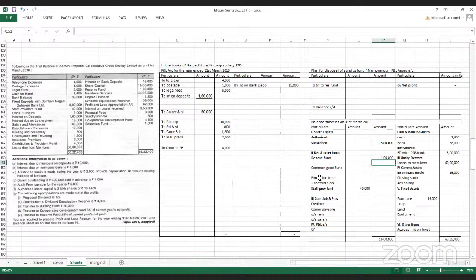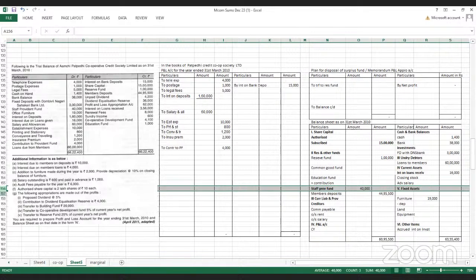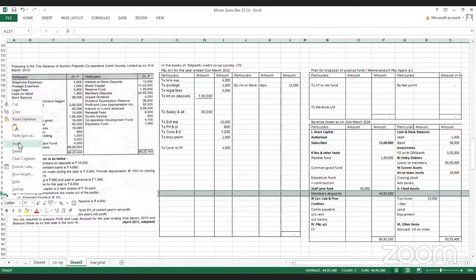Okay, I'll make one. Normally we have deposits, and under that you can put this. The deposits head is always there, so we'll put 44 lakh 95,500 under that. Just insert one more line here in case we need it.